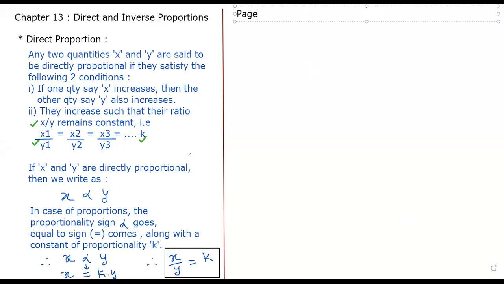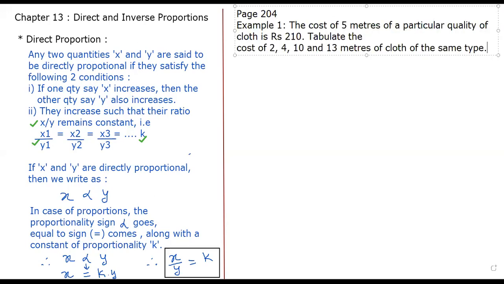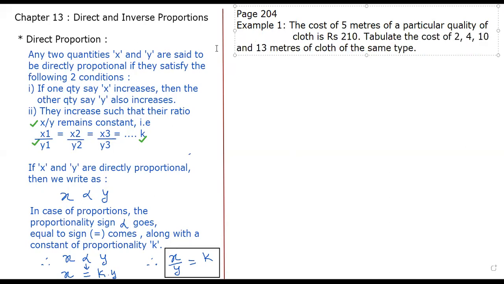This is your page 204, Example 1. Let me read: the cost of 5 meters of a particular cloth is 210. Tabulate the cost. Tabulate means what? Prepare a table. So tabulate the cost of 2, 4, 10, and 13 meters.